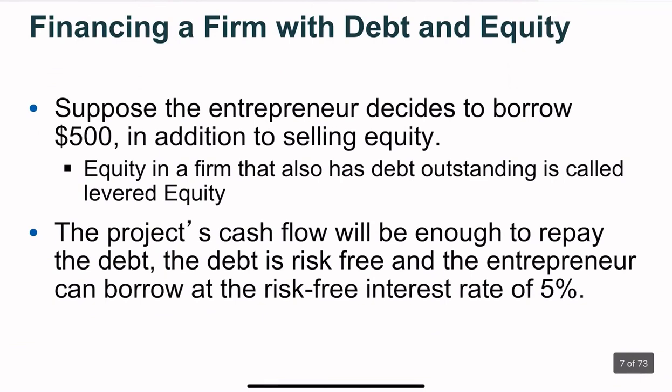Now let's look at the other case. The entrepreneur could also choose to finance this firm using both debt and equity. Let's say the entrepreneur decides to borrow $500. So this is his debt. And then the entrepreneur will sell his firm, and the other portion would be in the form of equity.